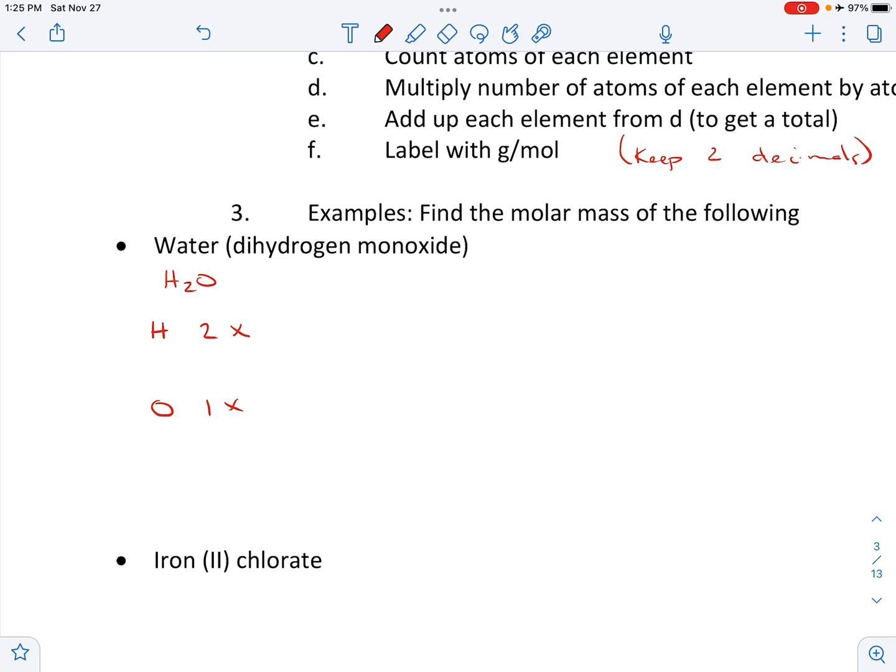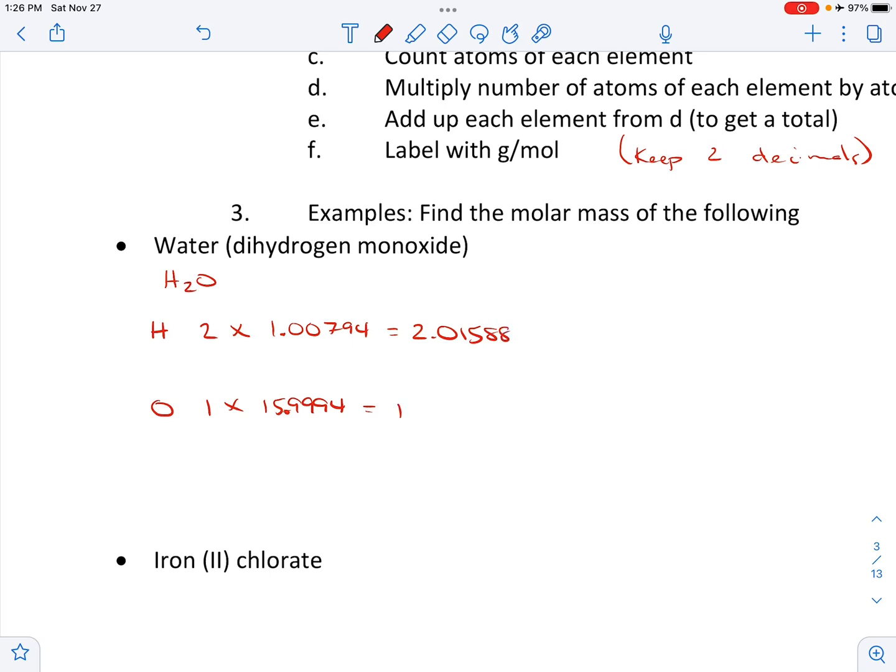Now this is where we go to our periodic table. We look at our periodic table, we see H is 1.00794. Okay? And we see O is 15.9994. So we're going to take 2 times 1.00794, and yes, we are going to keep all those decimals for right now. And so we're going to get 2.01588.